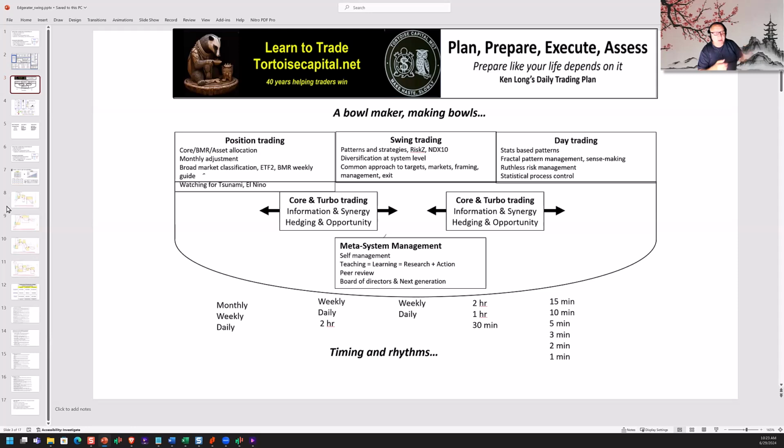By the same token, some of your longer term systems that are based on relative strength leaders already, they may find themselves in a short term critical state where if it resumes the trend, you get an advantageous entry. So it turns out that each of these three time frames, you can optimize systems for each one of them and develop skills, but you can also look for the information advantage that you get by blending them together in what we call core and turbo trading.